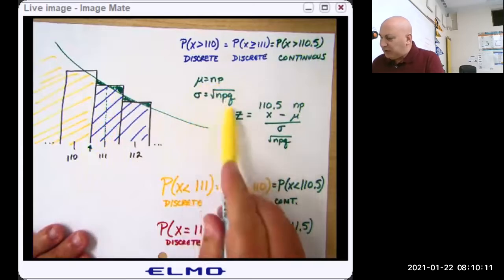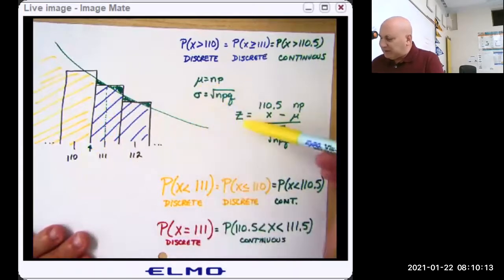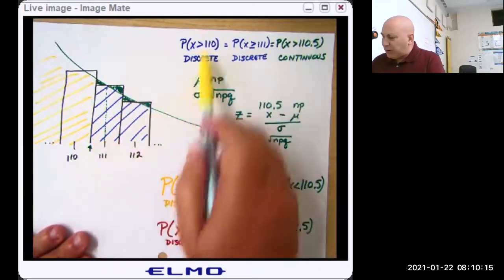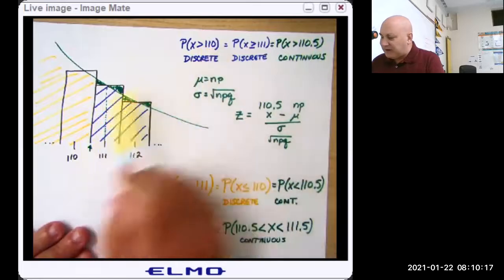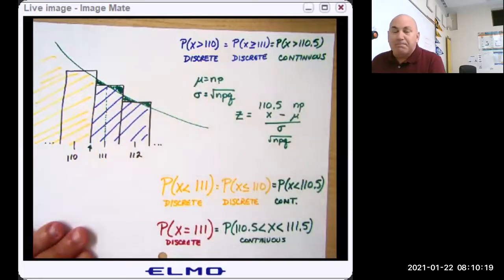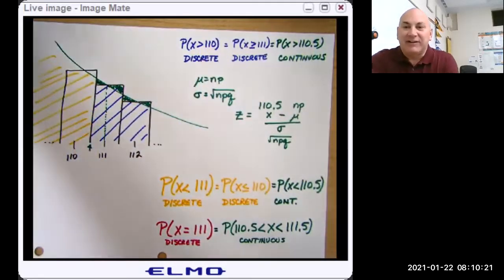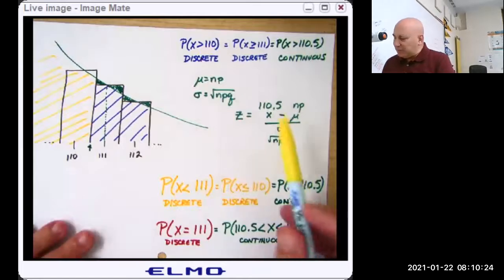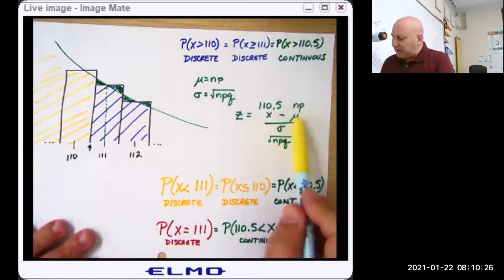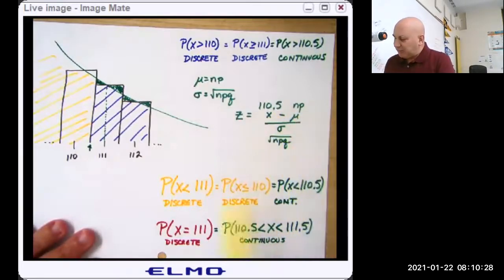Here's mu, here's sigma. So my z-score for the probability that X is greater than 110 in that discrete case, using my normal approximation, is X minus mu over sigma.